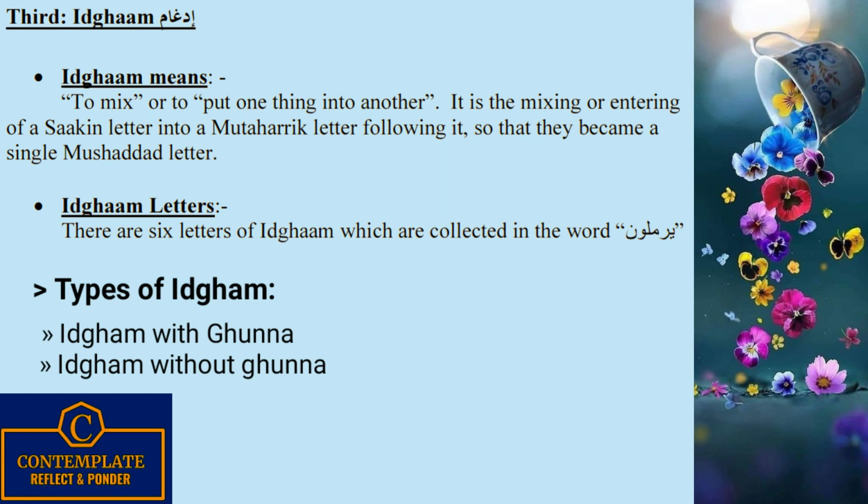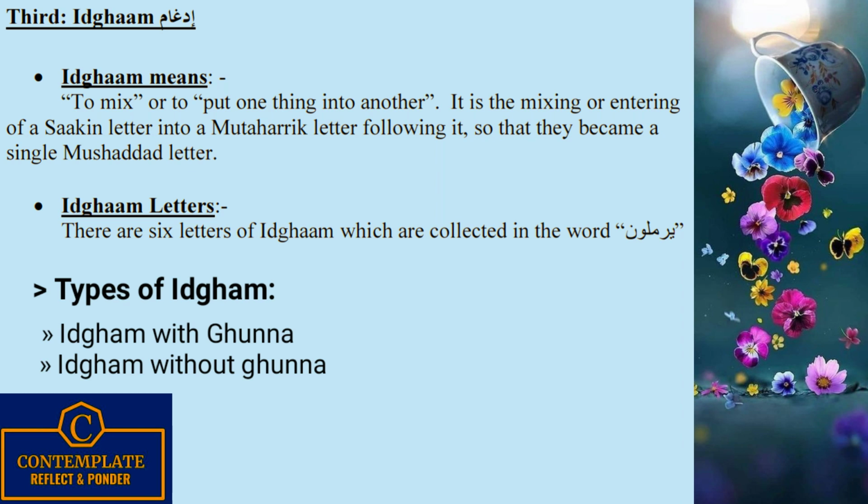As we discussed in Idhar, we had 6 letters. In the same way, in this rule we have 6 other letters, which are ya, ra, mim, lam, waw, noon. As we know, the human mind memorizes mnemonics quickly instead of cramming letters only.